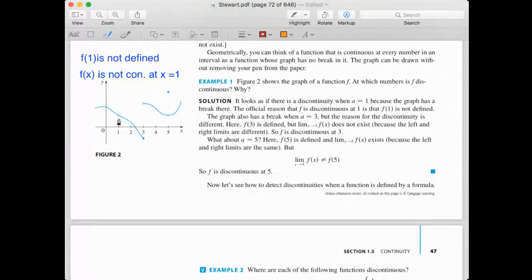Now from 1 up to 3, the function is continuous, excluding 1, excluding 3. So let me write here. From negative infinity up to 1, I use open parentheses.